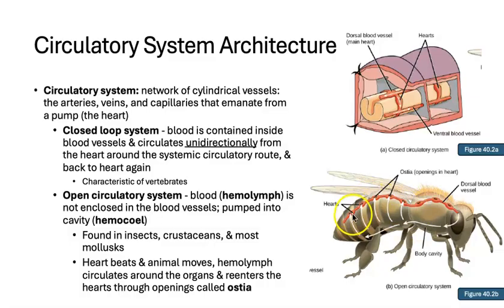And so you can see in this image here that we have the hearts in this bee, and the blood, or what we're going to call hemolymph, is going to travel, and then as the insect moves through its environment, it's going to move through the cavity and then travel back to our hearts over here. And in that fashion, by utilizing the heart as it beats along with the animal movement, we can circulate that hemolymph, and it moves into the hearts through these openings that are labeled here, known as ostia.